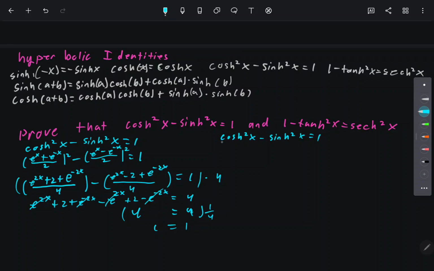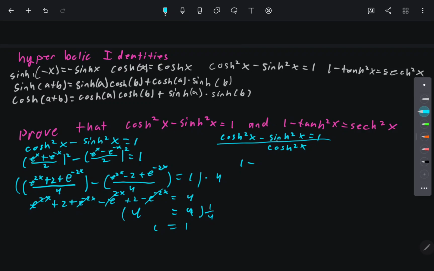And now what we're going to do is divide through by the hyperbolic cosine squared of x. And we can now show that the hyperbolic cosine squared of x divided by the hyperbolic cosine squared of x is just 1.